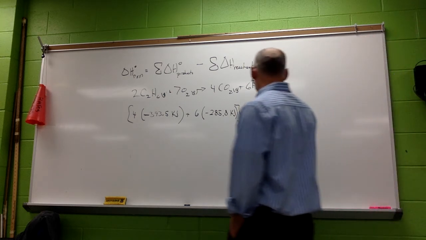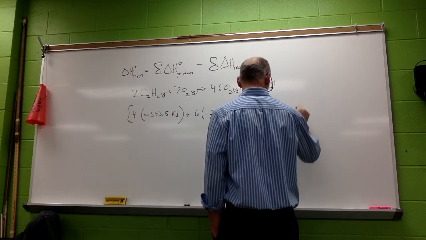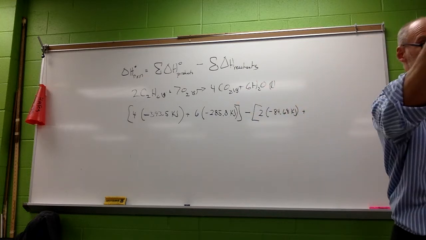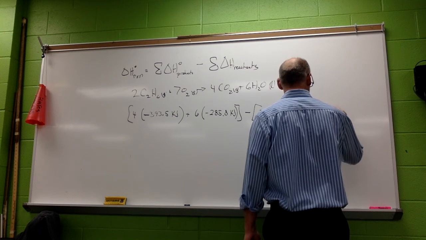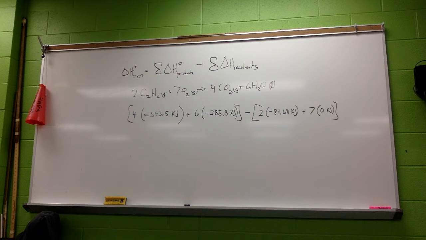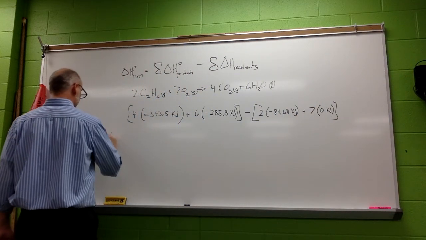Negative 84.68. And then we're going to add to that the oxygen, which is 0. I'm going to write that up there just so that you guys know that we addressed it. And there you go. You come up with an answer for the first set of brackets. You subtract from that your answer for the second set of brackets. And by golly, you guys have yourselves your delta H of reaction.